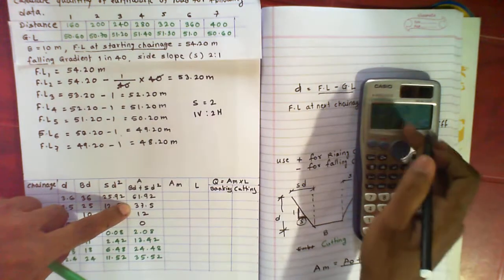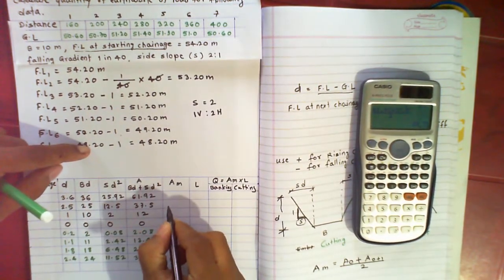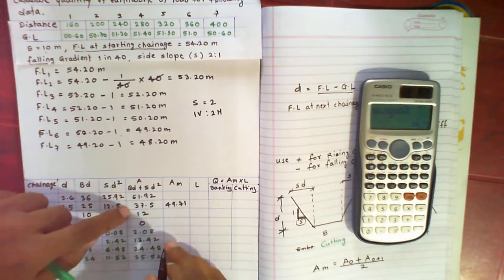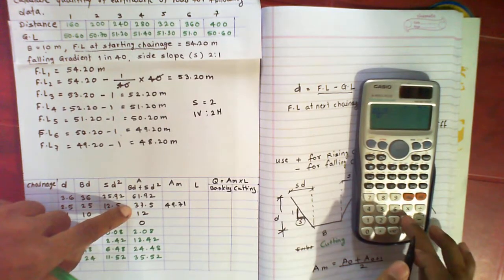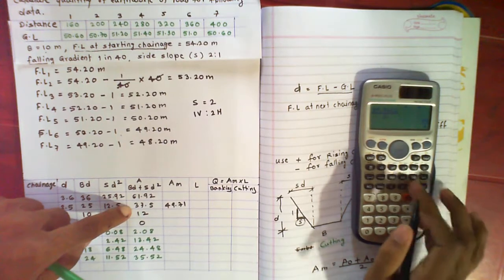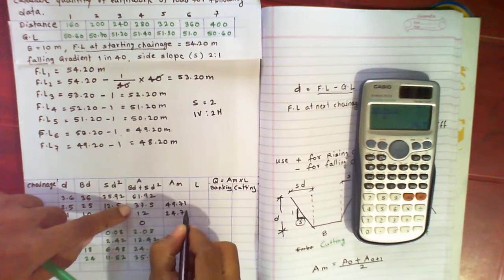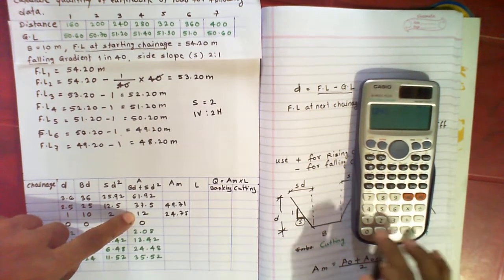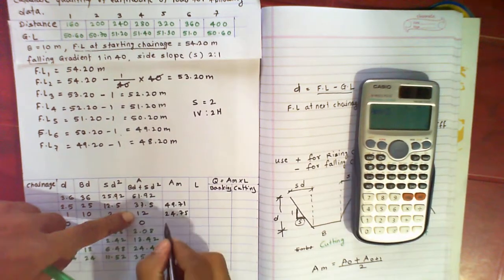So I will write this value in second row, that is 49.71. Next 37.5 plus 12 divided by 2, answer is 24.75. Next 12 plus 0 divided by 2, that is 6.